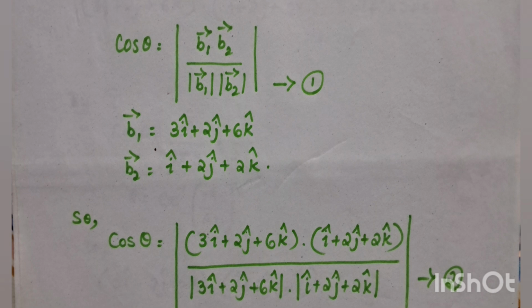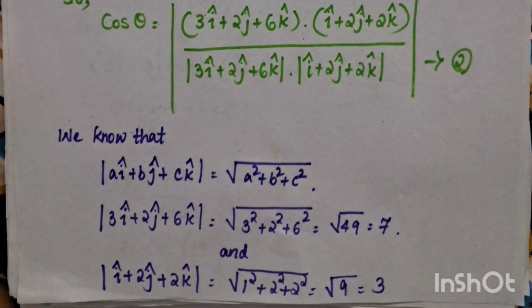Now we know that the modulus of a i cap plus b j cap plus c k cap is equal to root over a square plus b square plus c square. After substituting the values of the b1 vector and the b2 vector, I will get 7 for b1 and 3 for b2.